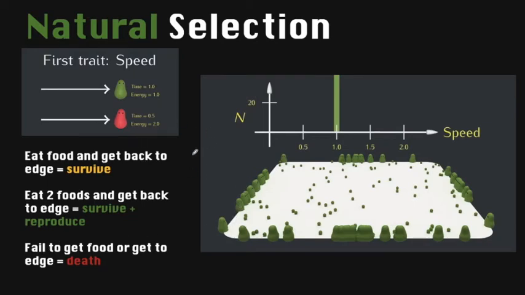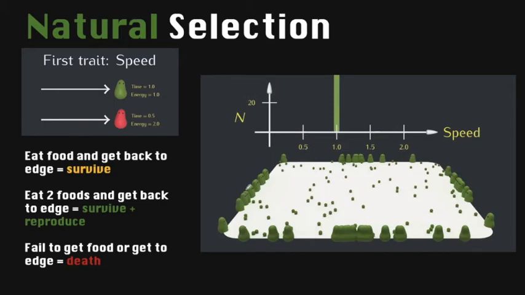Now these organisms have one trait, and that is speed. They can go fast or they can go slow. They're going to start off with all of them going the same speed, at a speed of 1.0. When an organism reproduces, it can mutate, which means it can become either faster or slower.